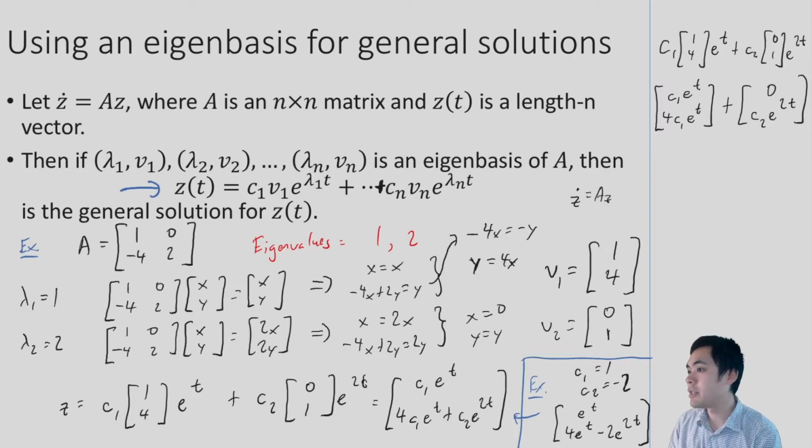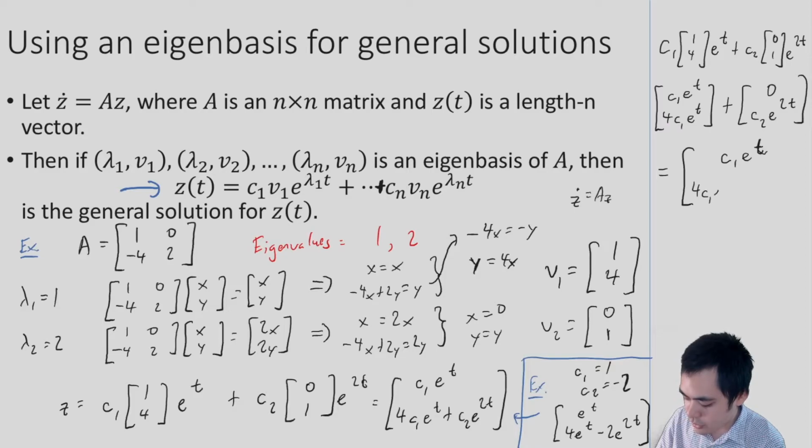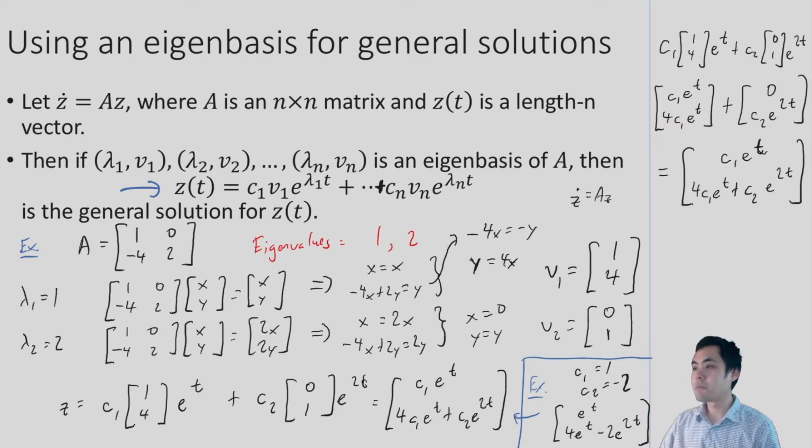So then you just have these two vectors that you're adding together, which is then equal to C1 e to the t, and the bottom entry is 4C1 e to the t plus C2 e to the 2t. Okay, so again, I've repeated myself a couple times, but that's important.